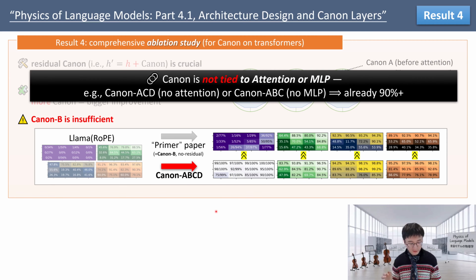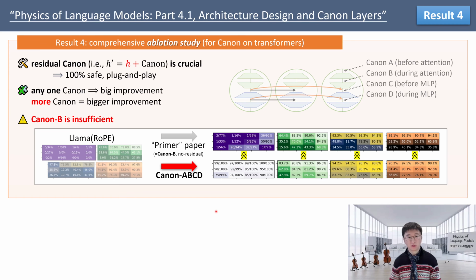The really beautiful thing about the Canon layer is that it's an independent architecture design, orthogonal to any of your smart architecture innovations. So you can add it anywhere, even outside the attention, and that can also fix the issue of associative recall. So those are the ablation studies we did here for Canon on transformers.